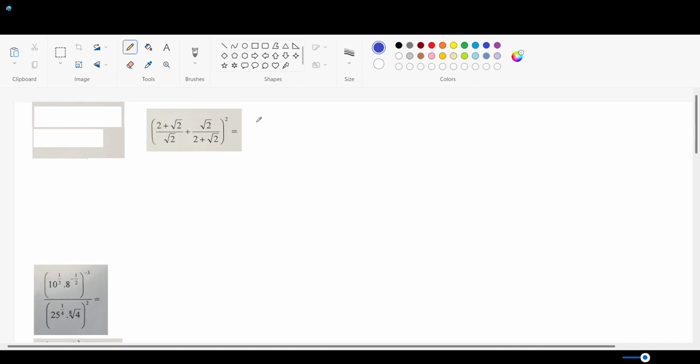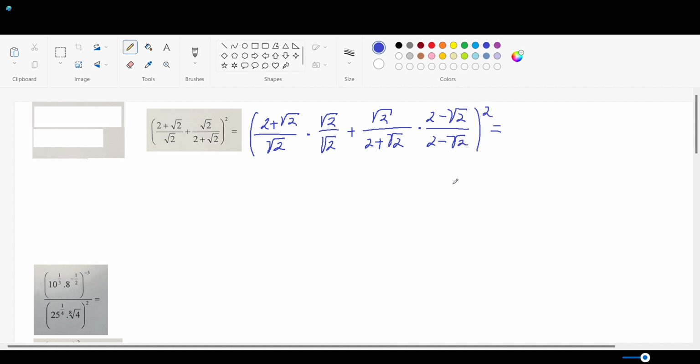So it would mean that I will have like 2 plus square root of 2 over square root of 2 times square root of 2 over square root of 2, plus square root of 2 over 2 plus square root of 2 times 2 take away square root of 2 over 2 take away square root of 2, the whole expression being squared. Okay, so from the first multiplication I will get 2 times square root of 2 plus 2 over 2.